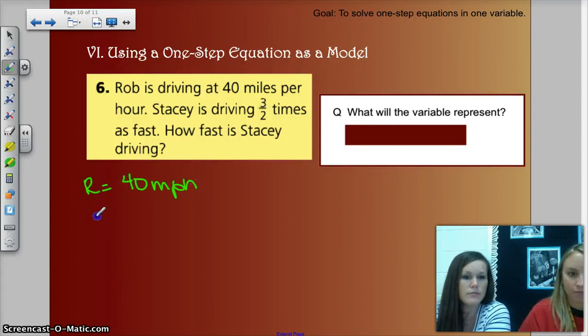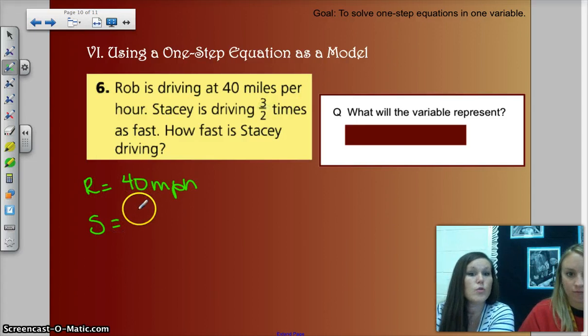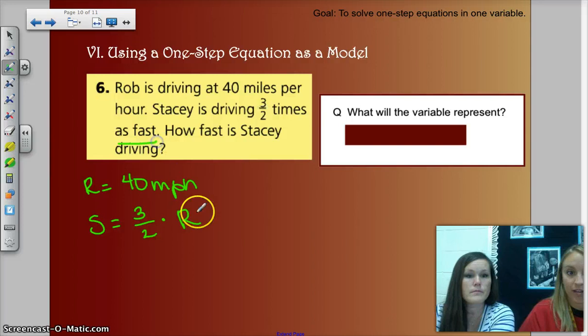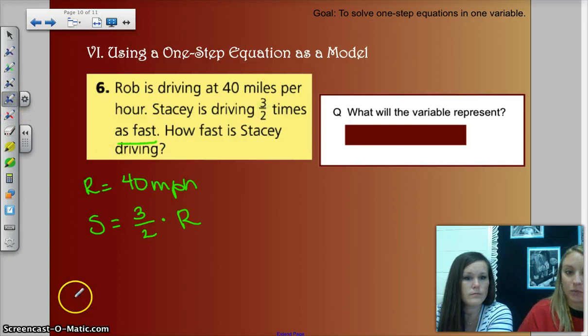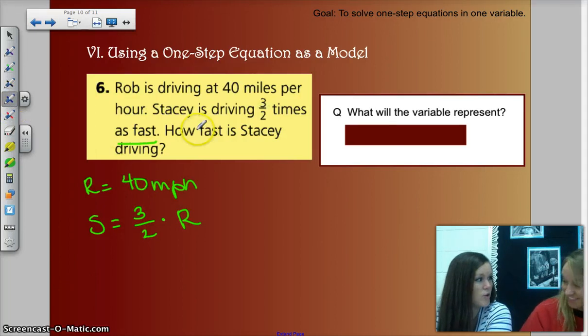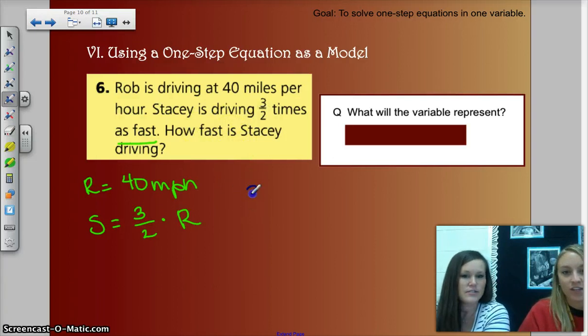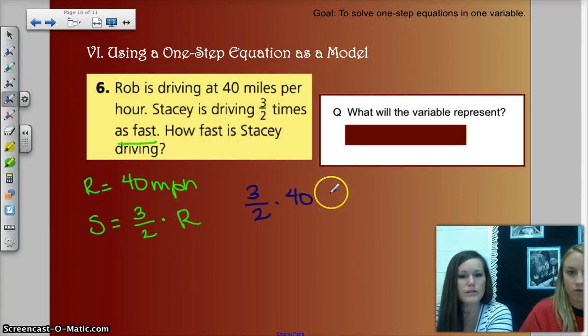And then we have Stacy, which is 3/2 times Rob, since they're saying times as fast as Rob. Then it has to equal something, but it doesn't tell us what to equal, so we have to use our brain coral. Then you have 3 over 2 times 40 equals Stacy.